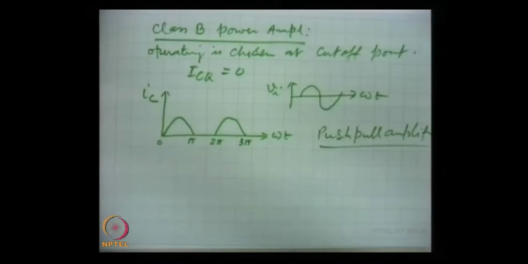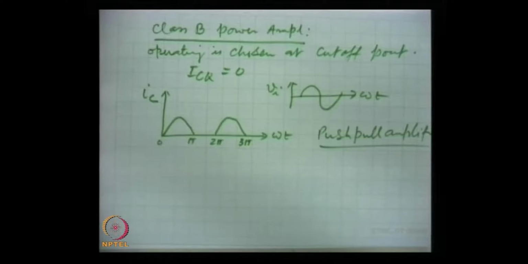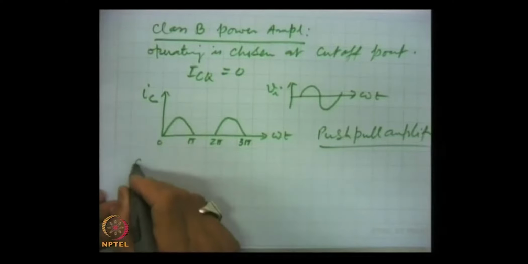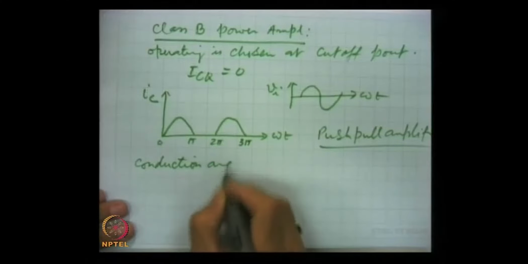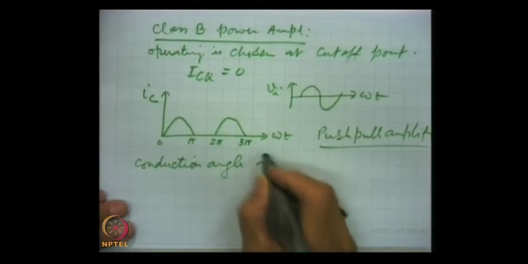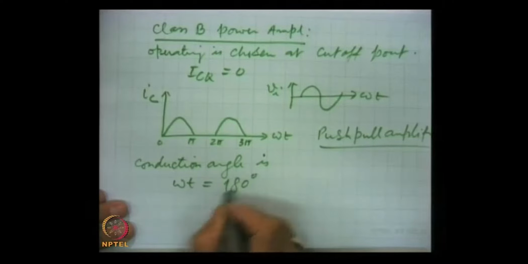So, this is class B operation in which we choose the operating point at the cutoff point, so that the conduction angle is omega t equal to 180 degrees.